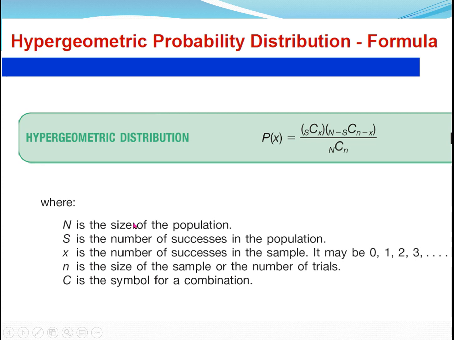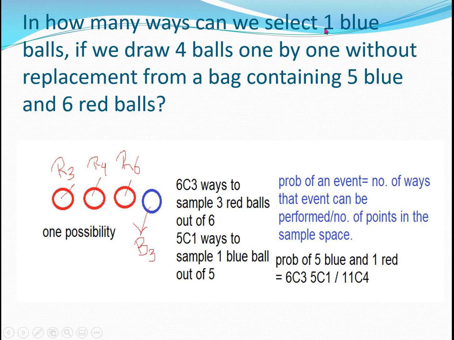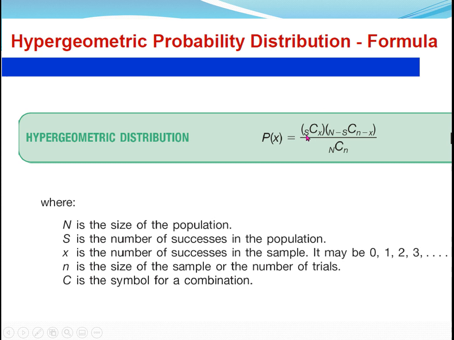You can see N is the size of the population, S is the number of successes, X is the number of successes in the sample. For example, here we were analyzing the probability for one blue ball, so X was 1. So this is the general formula, SCX times N minus S C n minus X divided by capital NCn. By the way, don't get confused by these notations. This simply means that we are applying 3 combinations here: total population, combination, sample size.